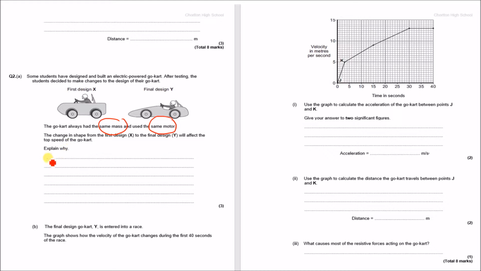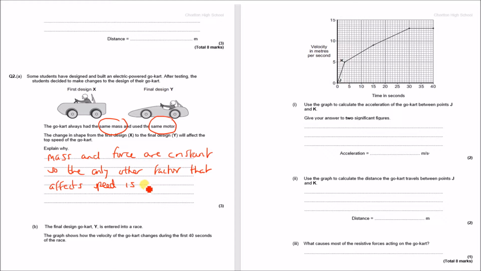So we're going to say mass and force are constant, so the only other factor that affects speed is air resistance.